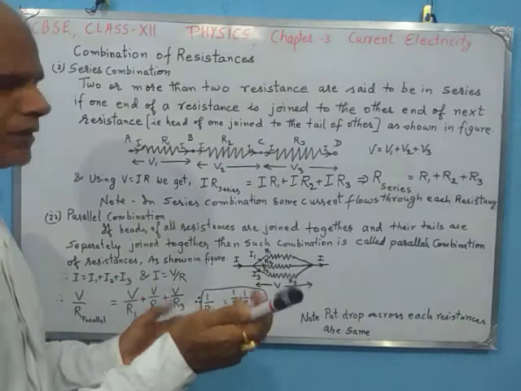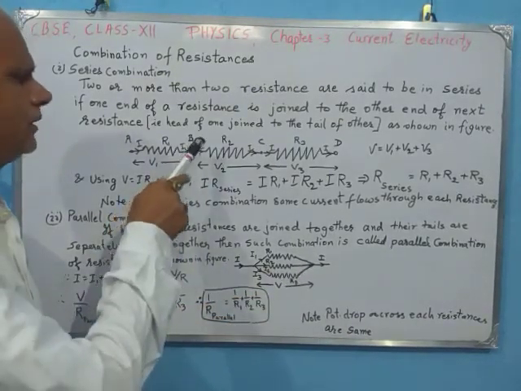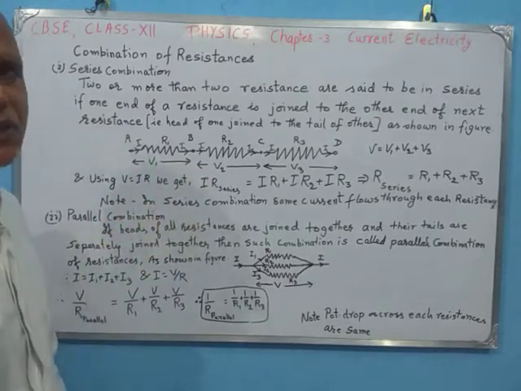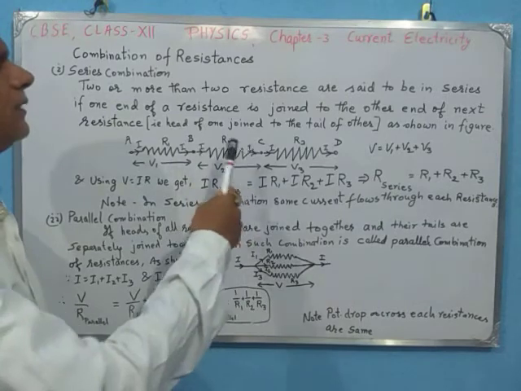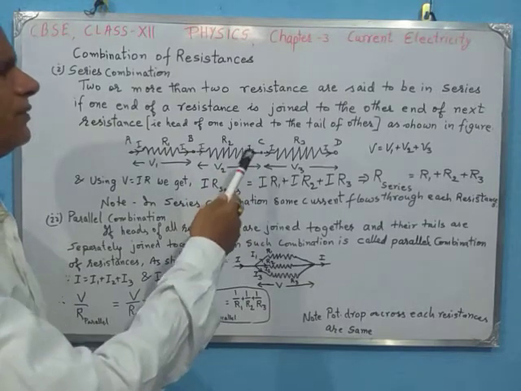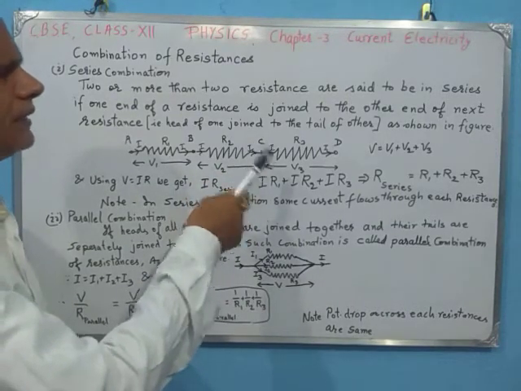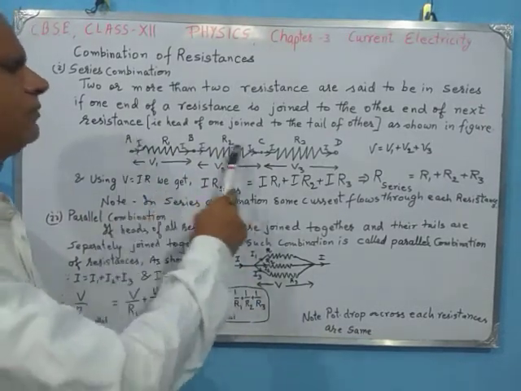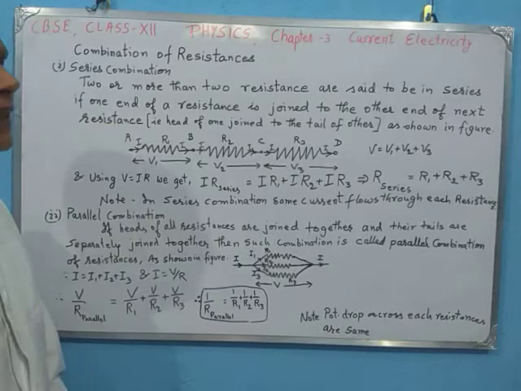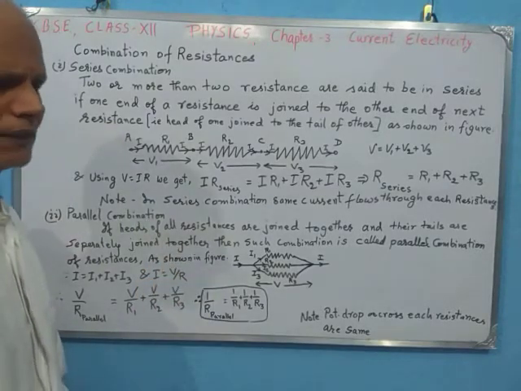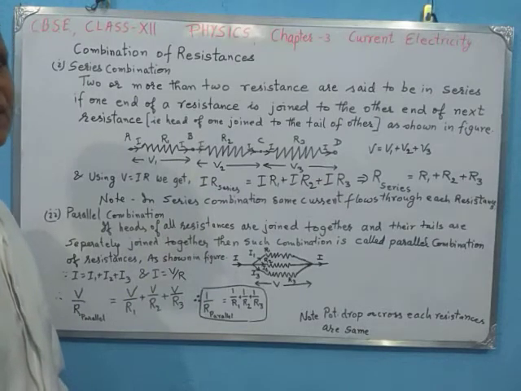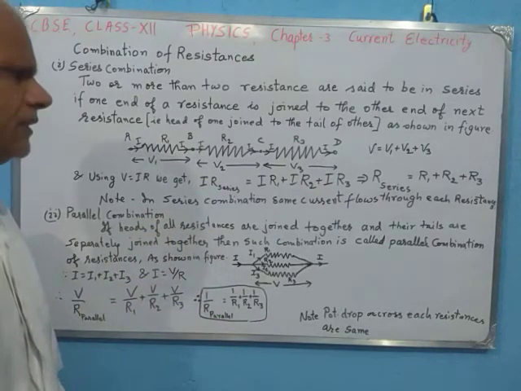Charge can go neither way except going into the next resistance R2 while coming out of the first resistance R1, and then the outcome of R2 shall be entering the next resistance R3. So the same current will be flowing through each resistance in case of a series combination. That is the binding test for the series combination of resistances.